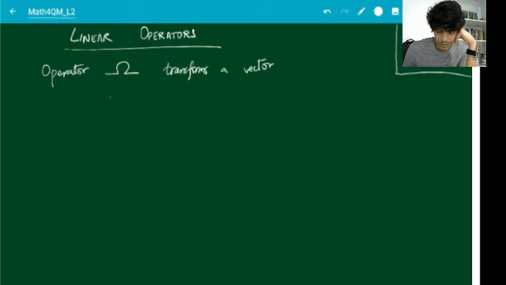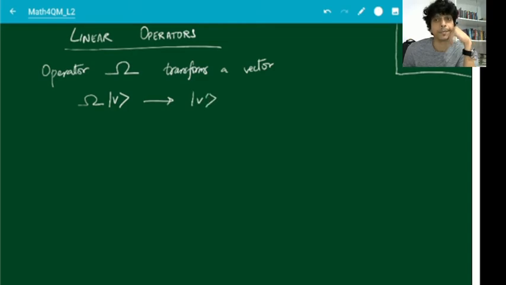So for example, if you take a ket vector v, then omega acts on it and gives you some other vector, let's call it v prime.